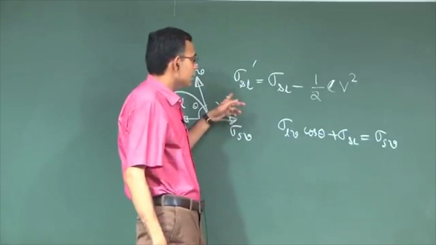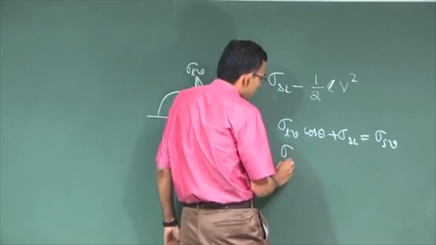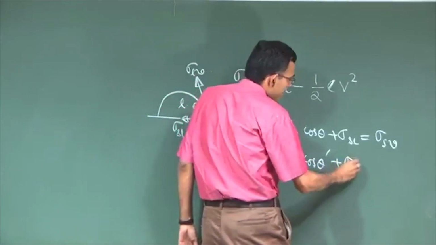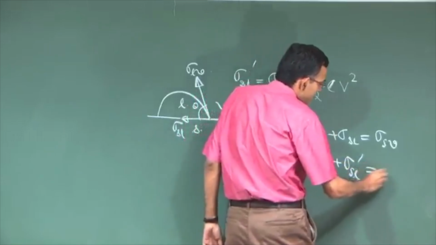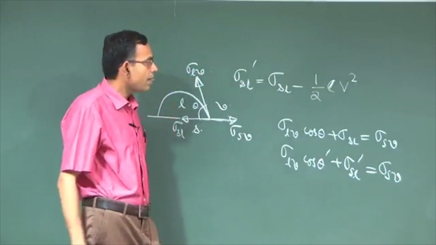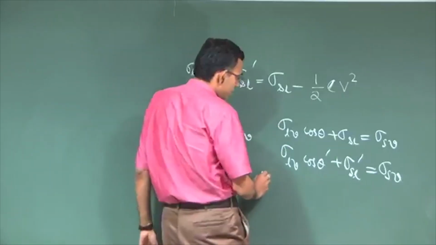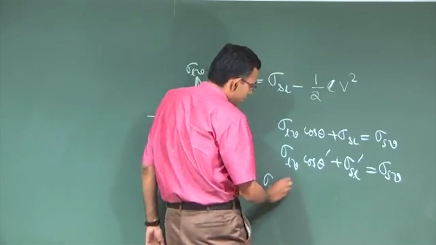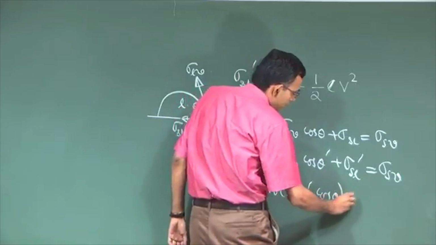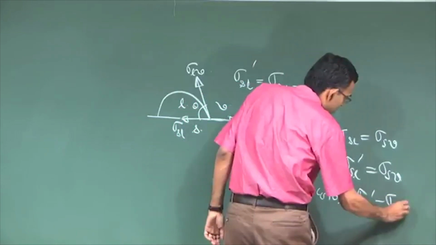After applying the electric field, the cos theta will become cos theta prime, sigma SL becomes sigma SL prime, and sigma SV remains the same. Now you subtract one from the other, so sigma LV into cos theta prime minus cos theta, plus sigma SL prime minus sigma SL, equal to 0.